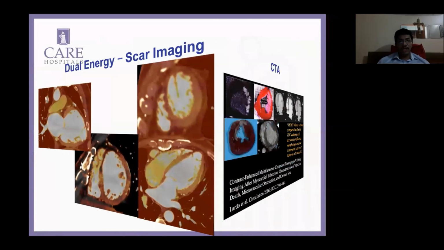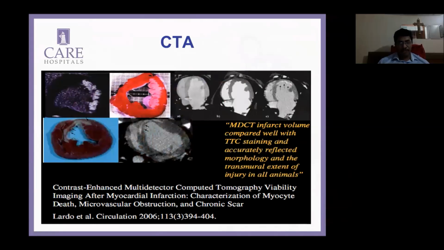So here, just want to put into perspective that CTA is increasingly being used as a tool for viability. The images almost as good as TTC, as you saw that with MR, and you're getting these very nice images. The spatial resolution of CT is much better than the nuclear and PET techniques, so you're able to even see subendocardial scars.